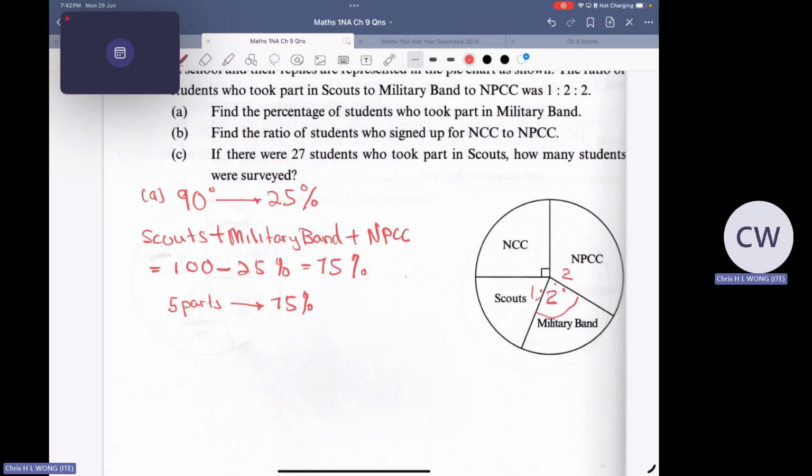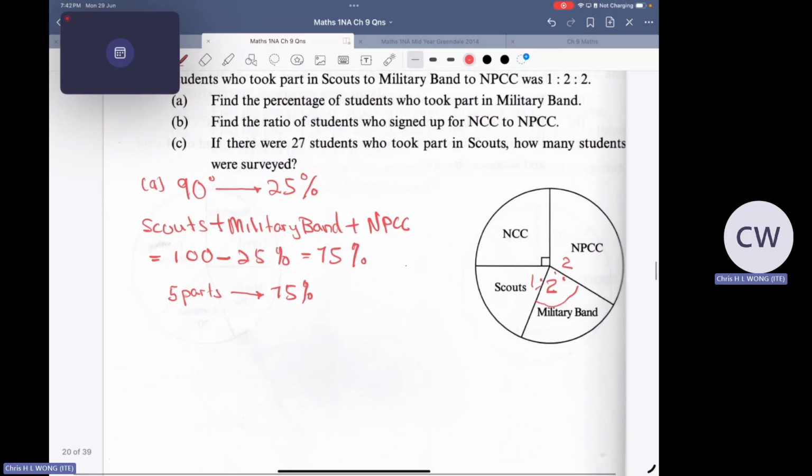What we want is 2 parts. Why 2 parts? Because military band is 2 parts only. 5 parts is 75%. If I can find 2 parts, how many percent? That's the answer.